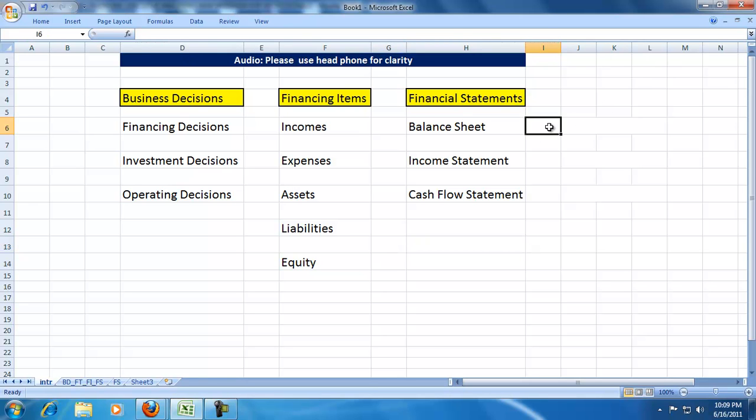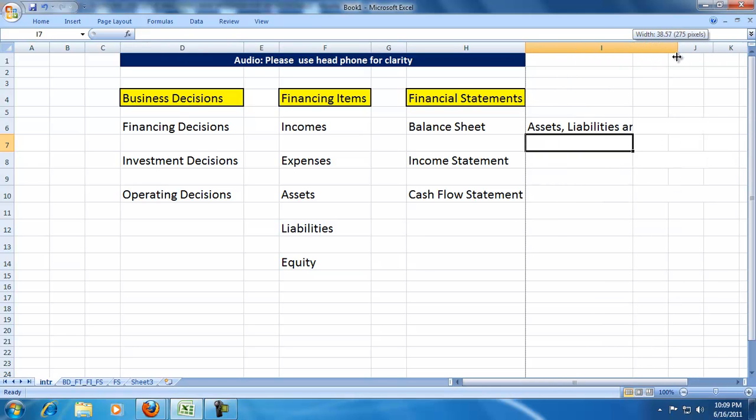The balance sheet will show the assets, liabilities, and equity.